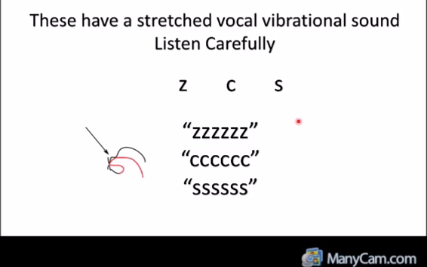You need air to vibrate the vocal cords. Pronounce this one. Z, c, s. So if you just put your hand on your vocal cord area, which is near the thyroid, you should be able to feel vibration when you're actually pronouncing z, c, s, and then you'll know you do it right.